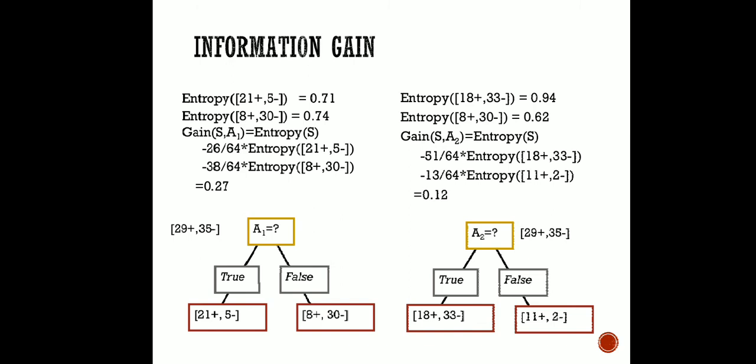For the false branch, the number of data on which we are working is 8 plus 30, that is 38, and in the original data set there are a total of 29 plus 35, that is 64 values. So the gain will be 0.27. Similarly, there is another example you can calculate.